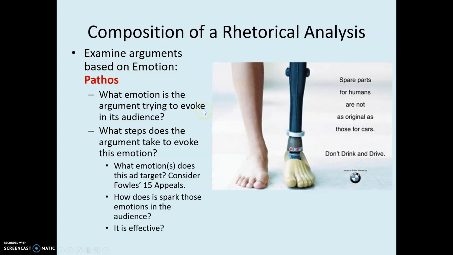I wanted to show you guys that every single advertisement is going to have some sort of pathos. That is the emotion that the argument is trying to evoke in its audience. And this emotion might be a positive one or it might be a negative one, but I think it's really important to try to figure out what that emotion is.